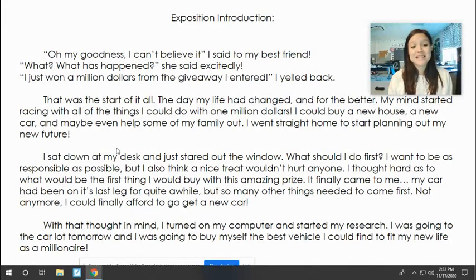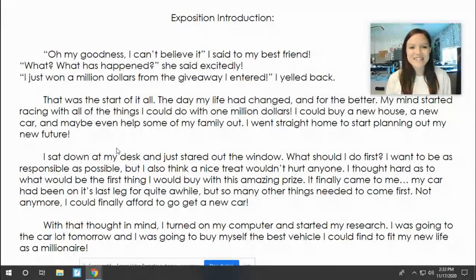My car had been on its last leg for quite a while, but so many other things needed to come first. Not anymore. I could finally afford to get a new car. With that thought in mind, I turned on my computer and started my research. I was going to the car lot tomorrow and I was going to buy myself the best vehicle I could find to fit my new life as a millionaire.